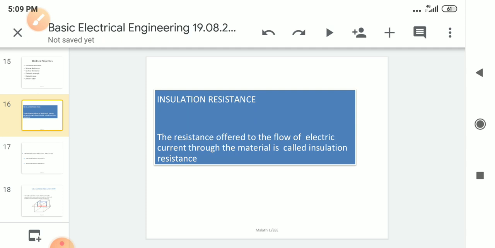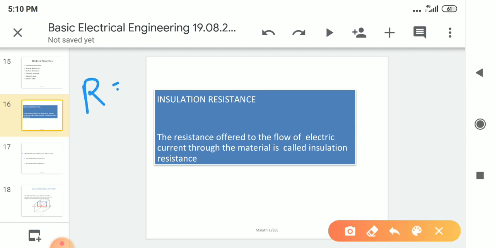If a voltage V is applied to an insulator in which a current of I is flowing, the insulation resistance R is given by what? According to Ohm's law, R is equal to V by I. Right? So this is the insulation resistance.